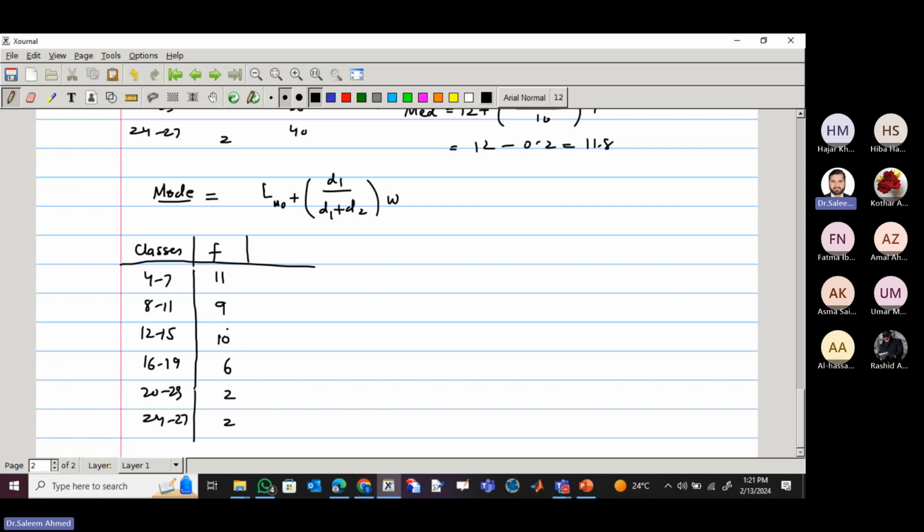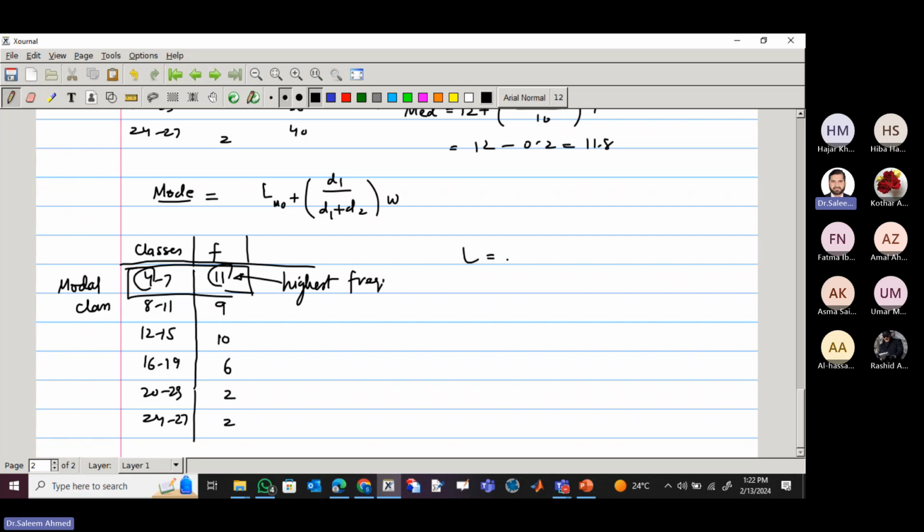So now the highest frequency is my modal class. The first class becomes the modal class. Why? Highest frequency, right? Highest frequency gives me the modal class. Now this is your L, this is the frequency of the modal class.